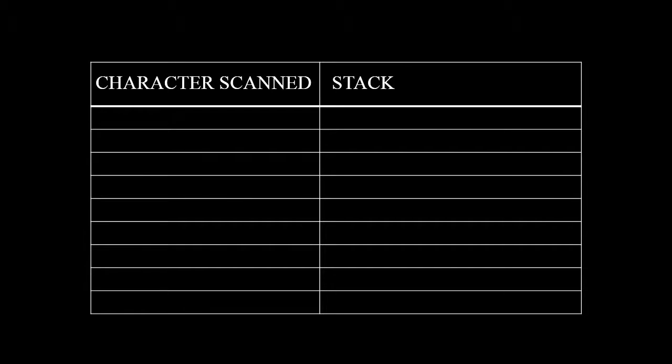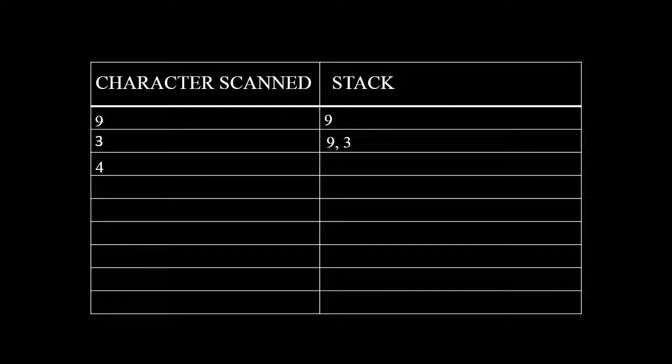Now the postfix expression obtained in the previous slide is scanned from left to right. First of all, 9 is encountered. As 9 is an operand, it is pushed on to the stack as per the algorithm. Then 3 is encountered, so it is also pushed on the stack as it is also an operand.